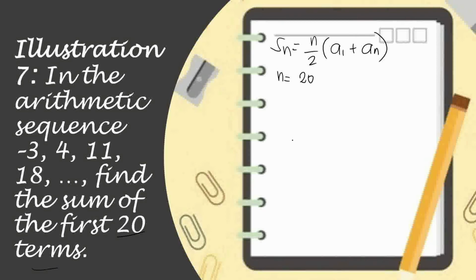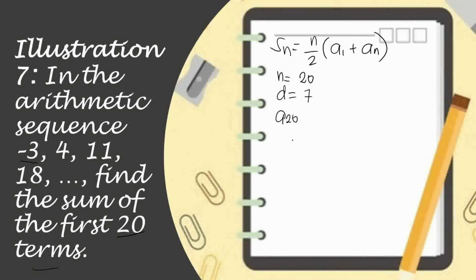Yung common difference natin, d: 4 minus negative 3 is 4 plus 3, so magiging 7 yun. 11 minus 4 is 7, and 18 minus 11 is 7. Given na yung a sub 1 dito, which is negative 3.